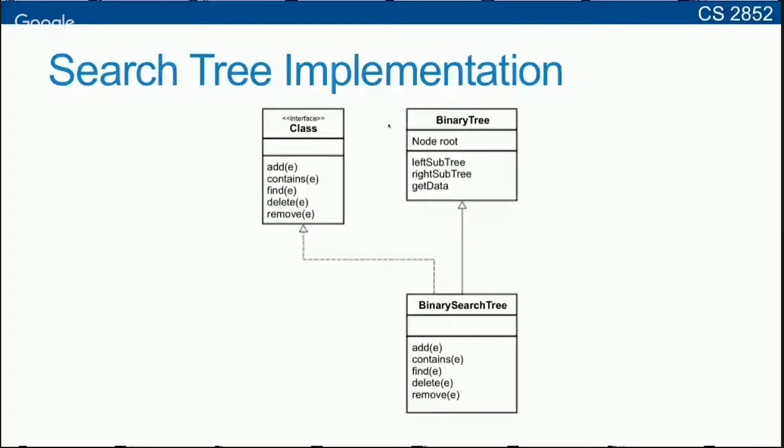With the binary search tree, we have a binary tree which has the root node, and it may be null, very important to remember. And then there's the left subtree and the right subtree.